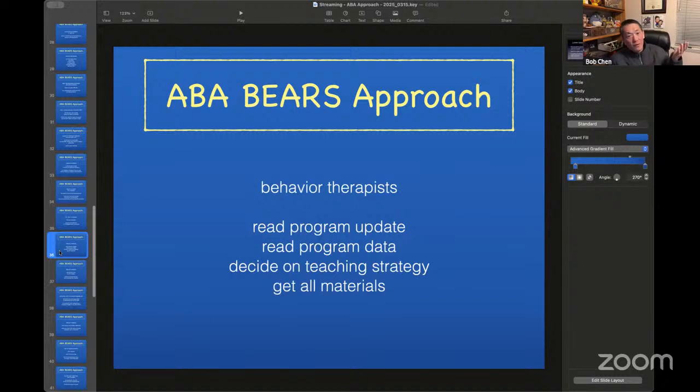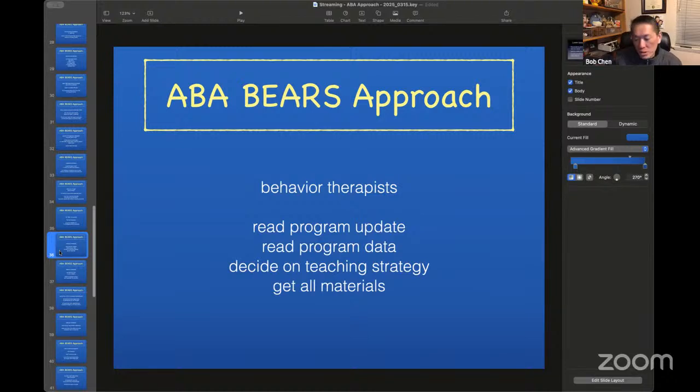So as a behavior therapist, you get to the house, and we have something called the program update. The program update is basically any changes that we've made to the program, anything that we're doing different, so the therapist is up to speed with all the changes. Then the behavior therapist will read the program data: what happened with the child in the last several sittings with other behavior therapists?